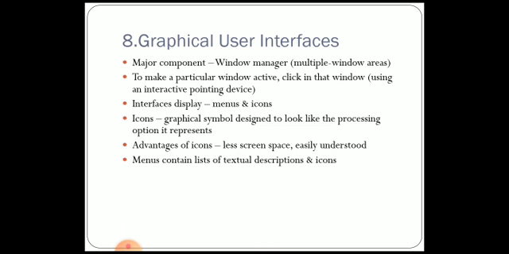Next one is icon. What is an icon? A graphical symbol designed to look like the processing option it represents. Advantages of icons: less screen space, easily understood. Menus contain a list of textual descriptions and icons. Menu is nothing but when you hit a particular menu, it just drops down with various options.